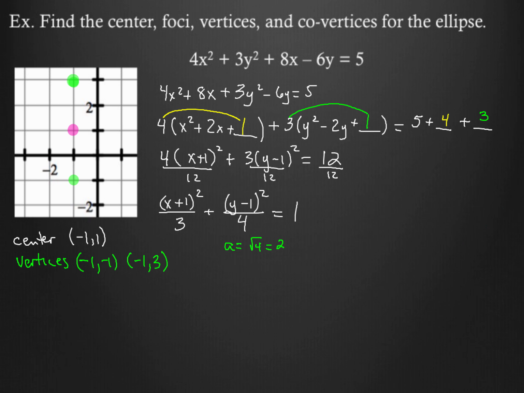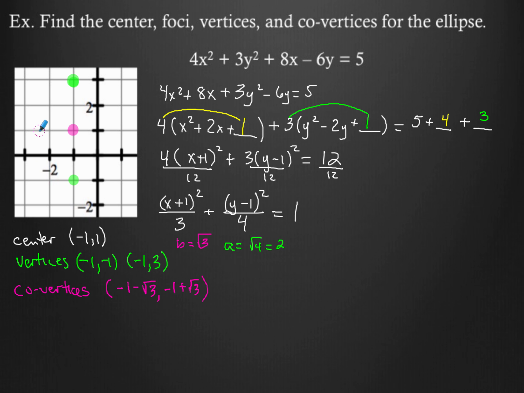Now when I take a look at my co-vertices, this one's a little bit trickier because here I've got to deal with my b value being the square root of 3. And that's not as nice. The square root of 3 is kind of close to the square root of 4, which means it's kind of close to 2.